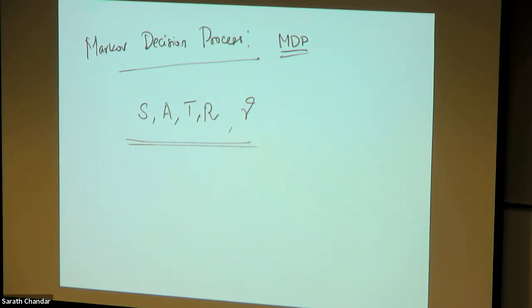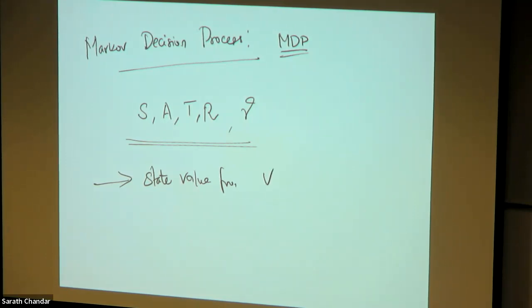Okay. Now, once you have this general mathematical framework, we can talk about different things. For example, how do I learn which state is more useful? That is done by learning state value functions, V functions.